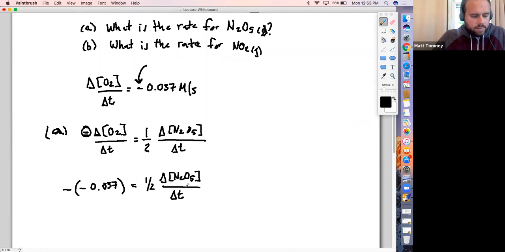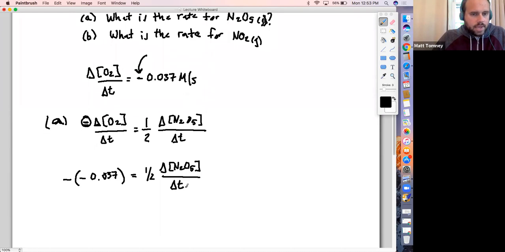So in order to get rid of a fraction, I'm going to need to multiply by the inverse. So that means I'll multiply by 2 on each side here. Okay. So if I'm going to multiply by 2 here, don't forget there's a negative out here. So it's going to be -2 times -0.037, and that can be set equal to the expression over here, the delta N2O5 over time.